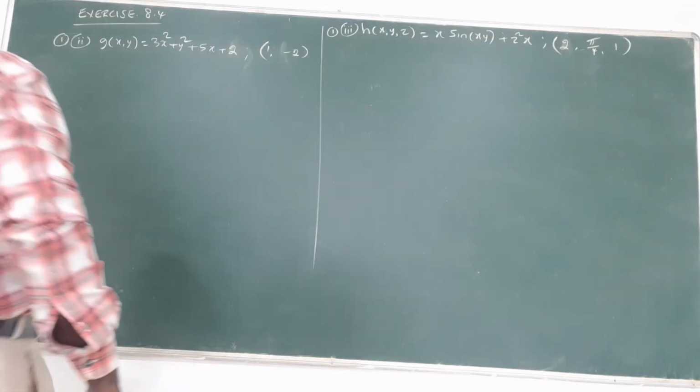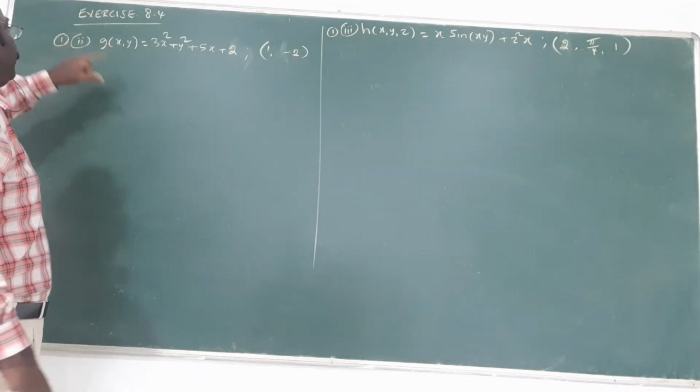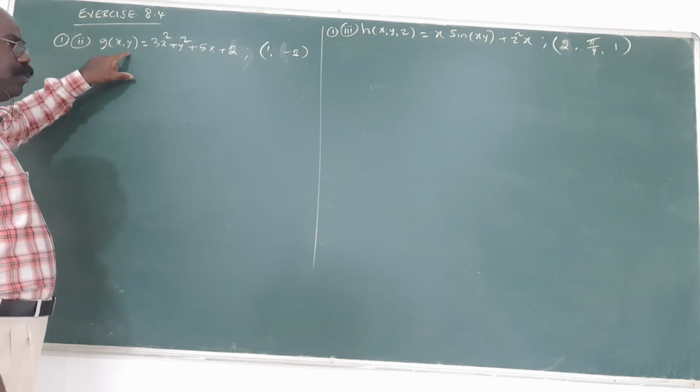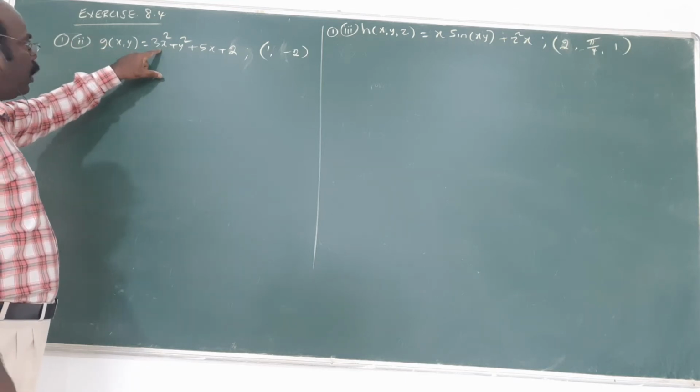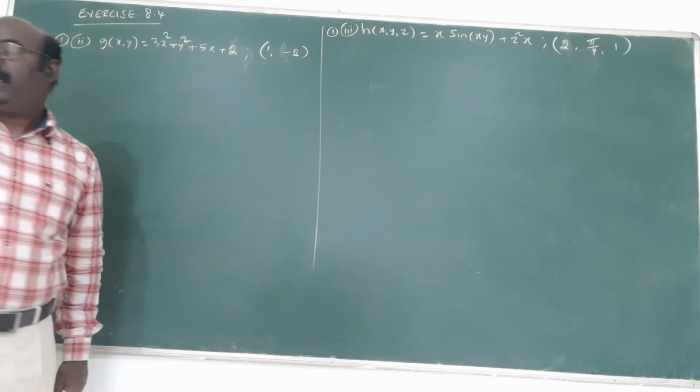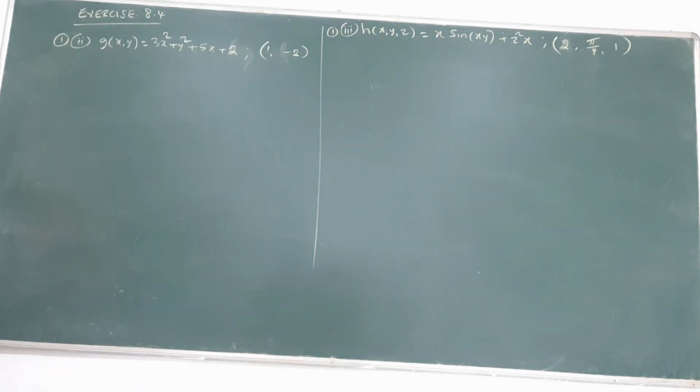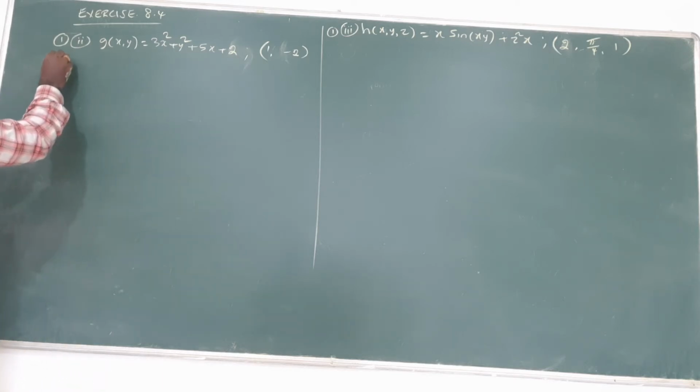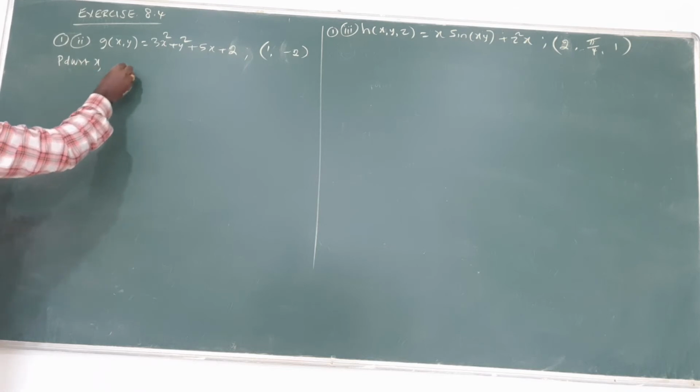Now listen here. Second solution. g of x, y is equal to 3x square plus y square plus 5x plus 2, at the point 1 comma minus 2. Am I right? The same thing only. Partially differentiate with respect to x.